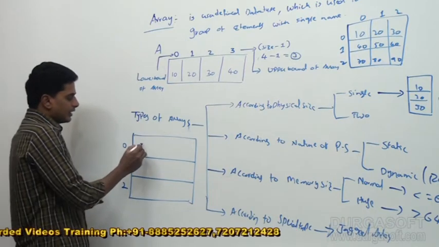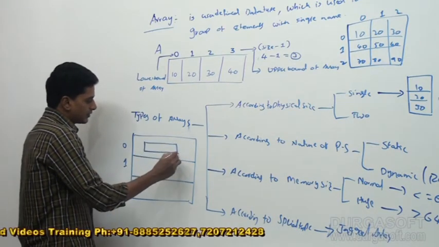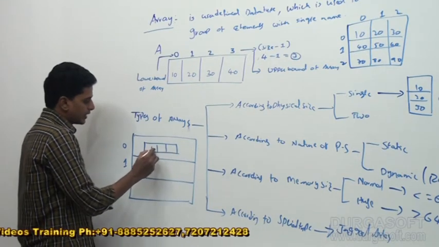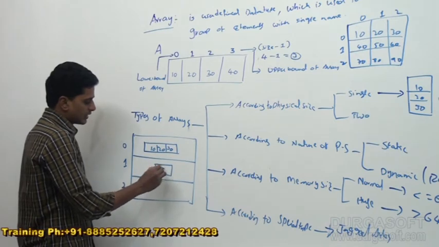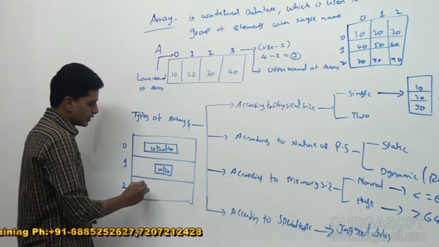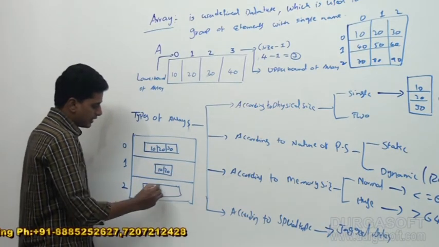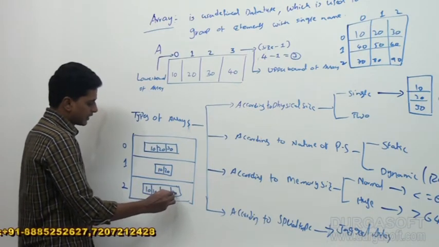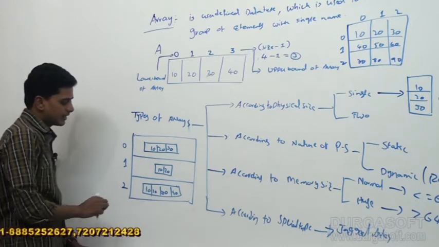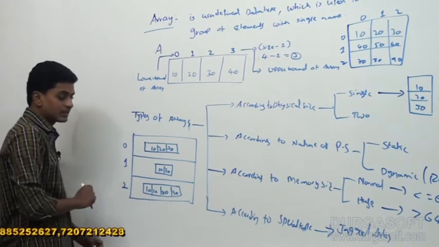Then inside the first row, I have another array which has 3 elements. Inside the second row, I have another array with 2 elements. Here I am taking one more array which has 4 elements. So there is a 4 element array, a 2 element array, and a 3 element array.